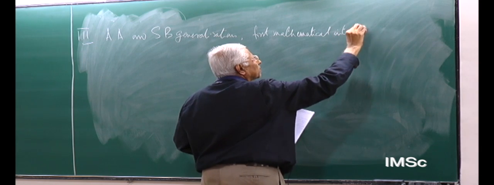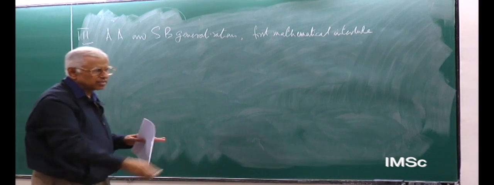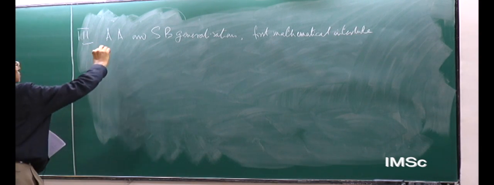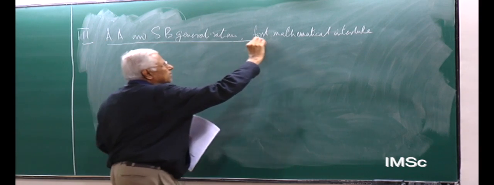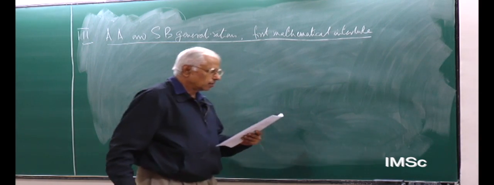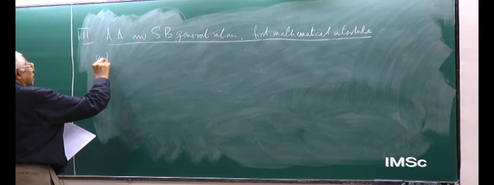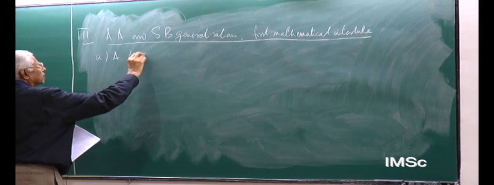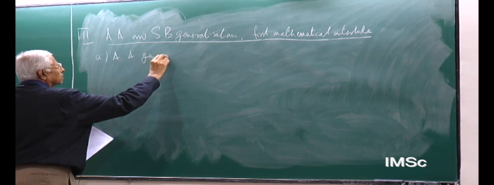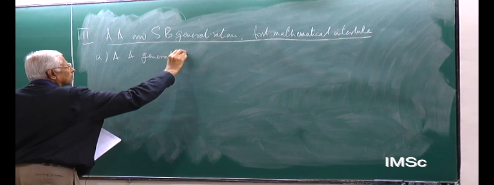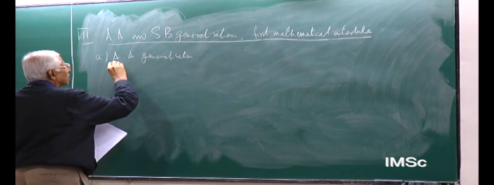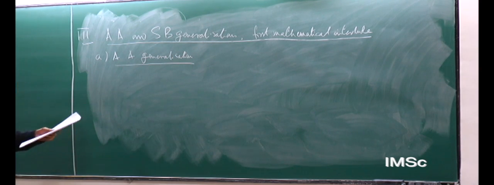That is a little bit of formal mathematics which is useful when you develop this subject. So what I will do now is the Aharonov-Anandan generalization. This is quite easy. It will not take much time.